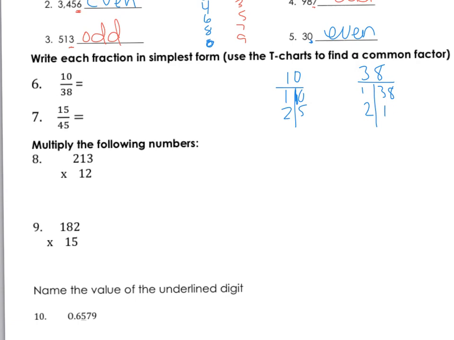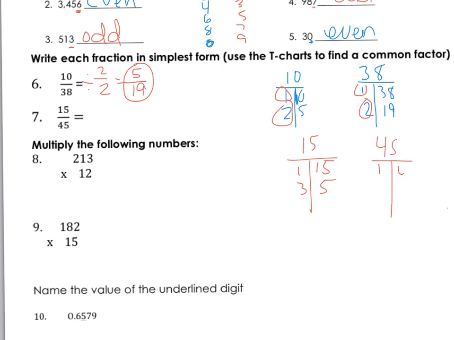If you already know the one to divide by, that's fine. But what I see here that they have in common is the 1 and the 2, and that's it. 2 is the biggest one, so that's what I'm going to divide by, and I get 5/19.